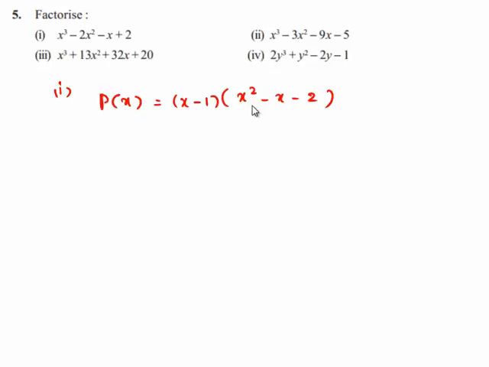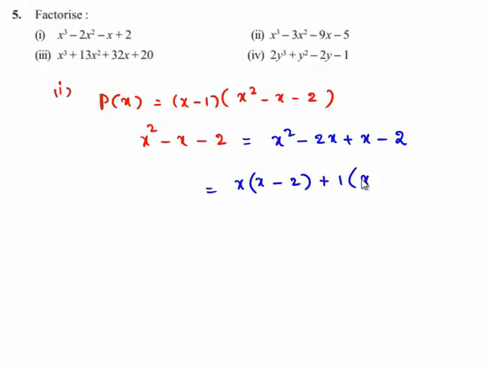So the given quadratic polynomial can be split as x square minus 2x plus x minus 2, which is equal to, we can take x as a common from first and second term, that is x times x minus 2, and here we can take 1 as a common, 1 times x minus 2.